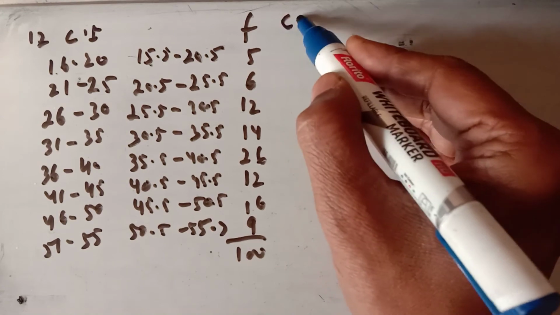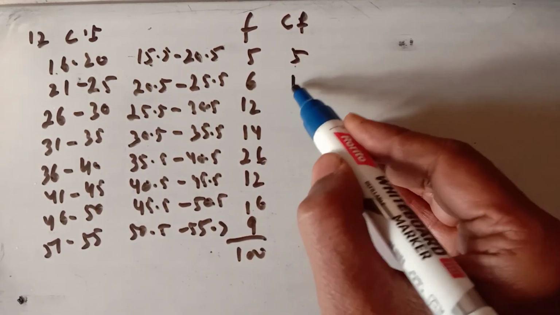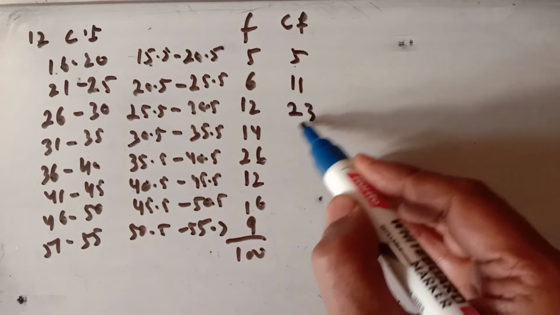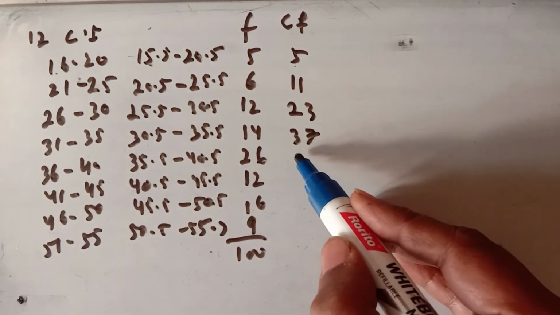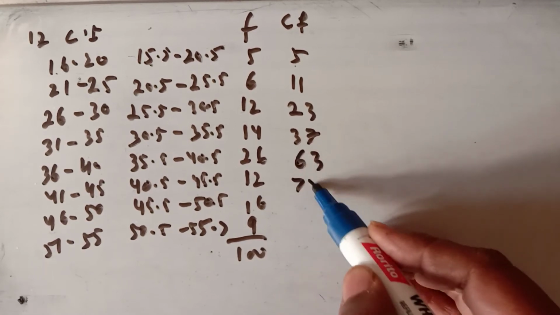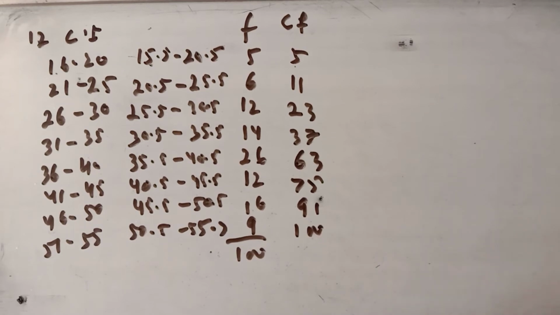So to find the median, you'll find the cumulative frequency, which is 5 as it is, 6 plus 5 is 11, 11 plus 12 is 23, 23 plus 14 is 37, 37 plus 26 is 63, then 75, then 91 and 100. So these are the cumulative frequencies.